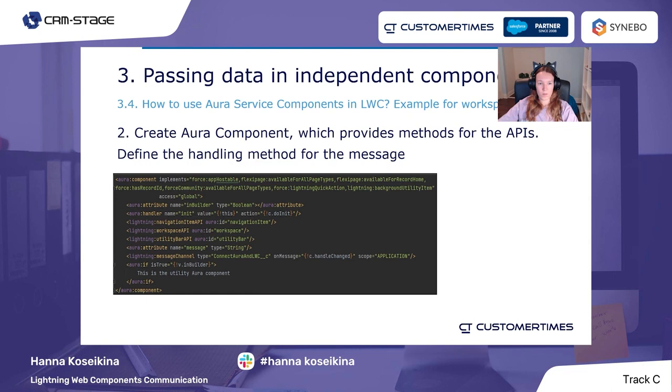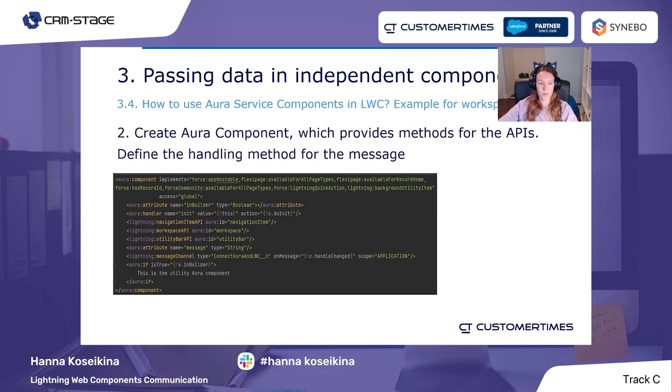In an Aura component, we will create a component which provides methods for the APIs and defines the handling method for the message. I reference here some different APIs: navigation item API, workspace API, utility bar API, and I have an attribute message channel with the type connect Aura and LWC __c.